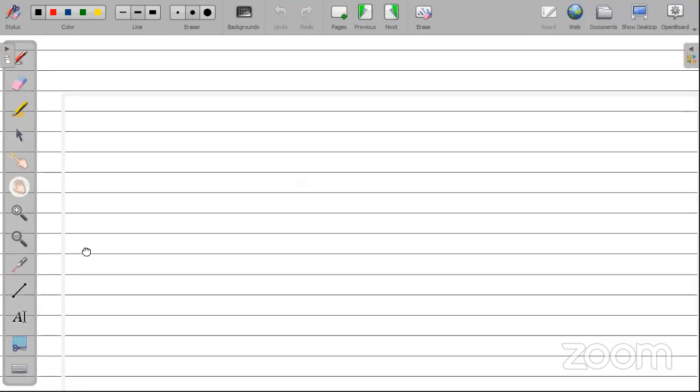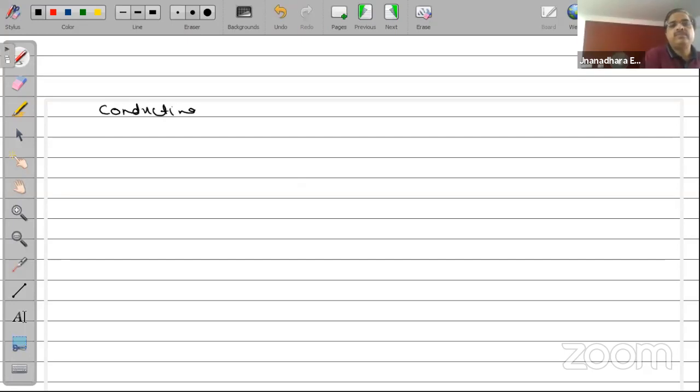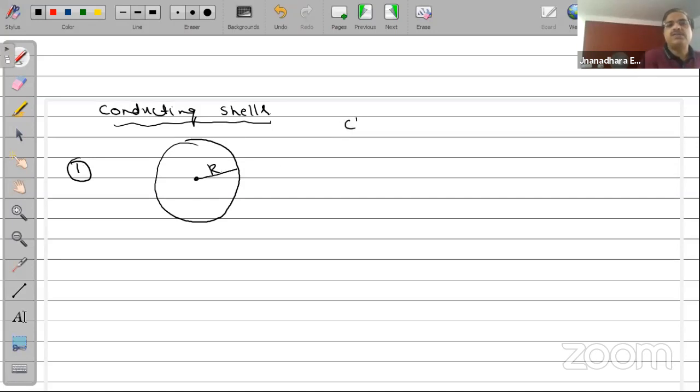This is about conducting shells. Okay, I'll be able to only give you some of the ideas here. I can't really go into the details of all of them. If you have a conducting shell of radius r, then the charges always reside on the outer surface like this.